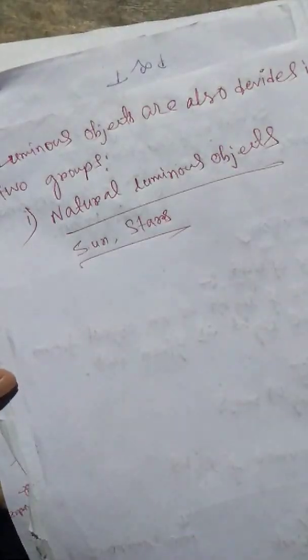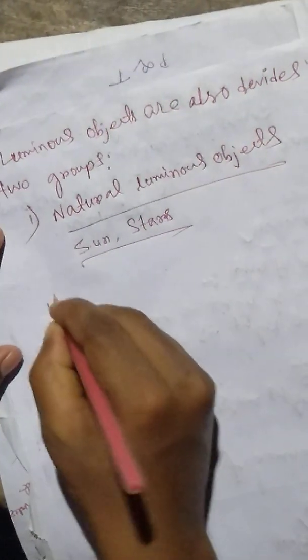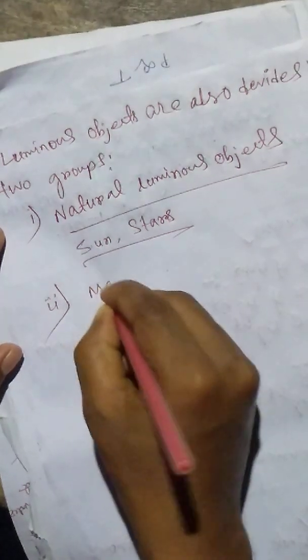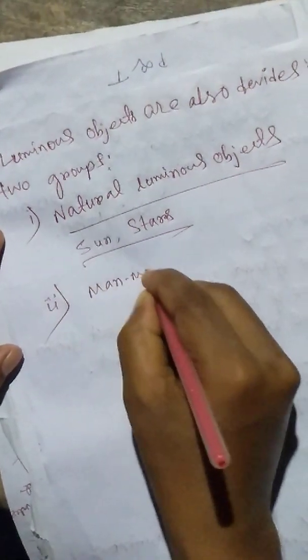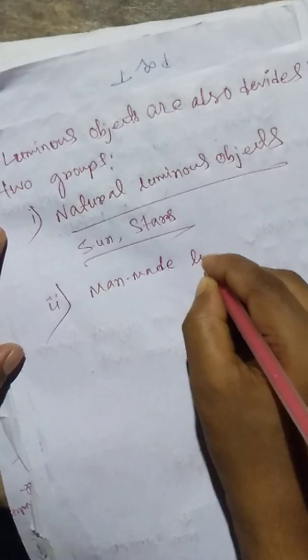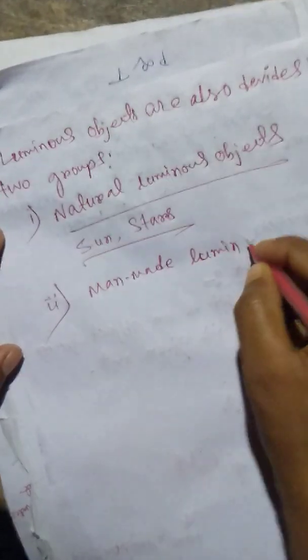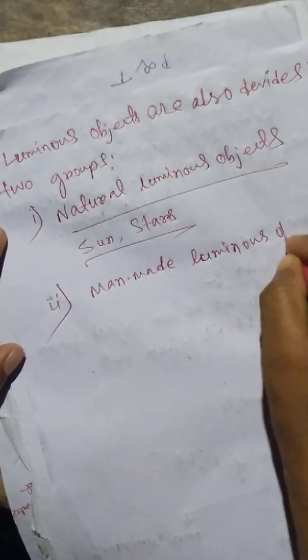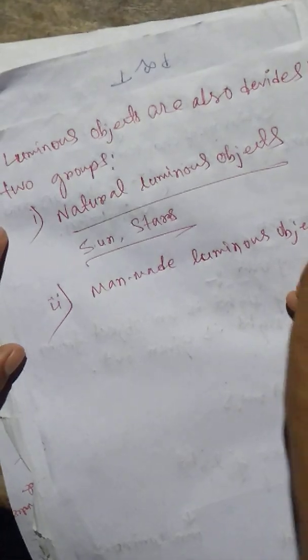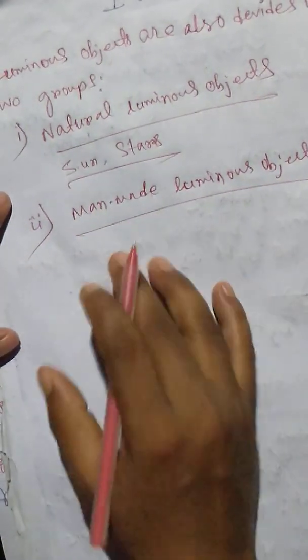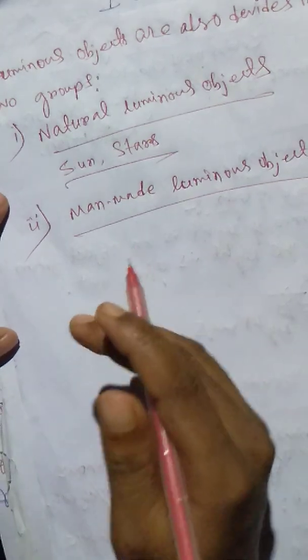The other is the synthetic or man-made luminous objects. What are the man-made luminous objects? The luminous objects which are made by man are known as man-made, or synthetic, luminous objects.